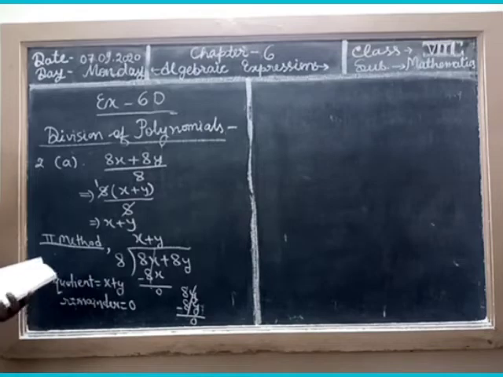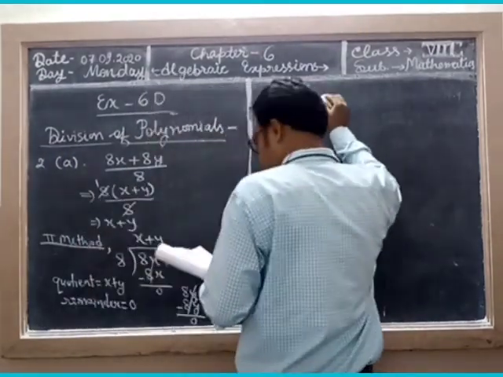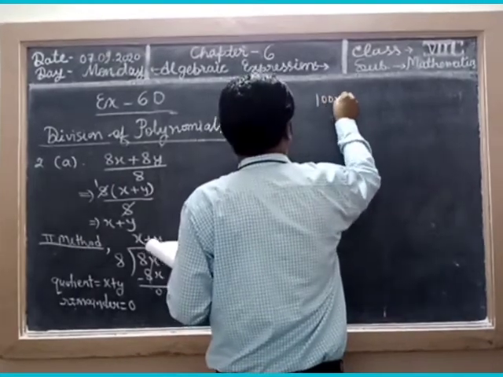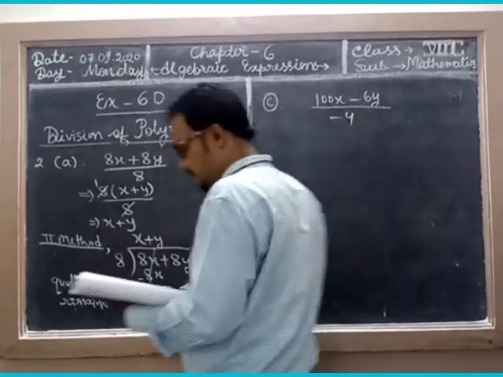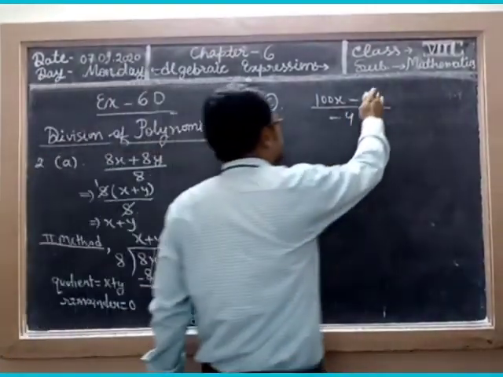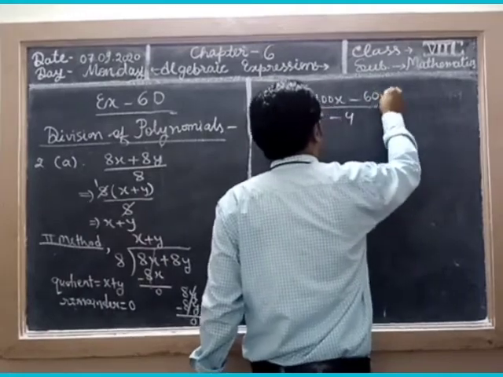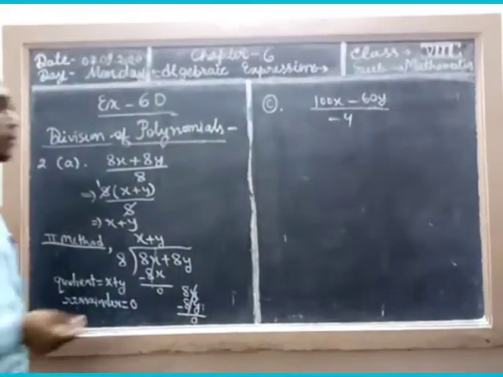Now student, C part. 100x minus 16y upon minus 4. So student, again we take 4 common.